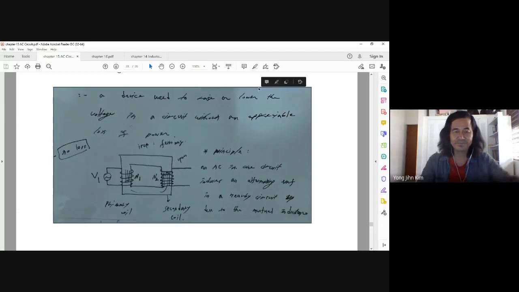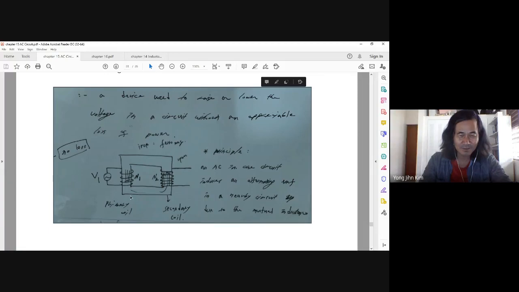A transformer is a device used to raise or lower the voltage in a circuit without an appreciable loss of power. A transformer looks like this. Here we have an iron plate in this form. So this side is empty. And we have a coil here.